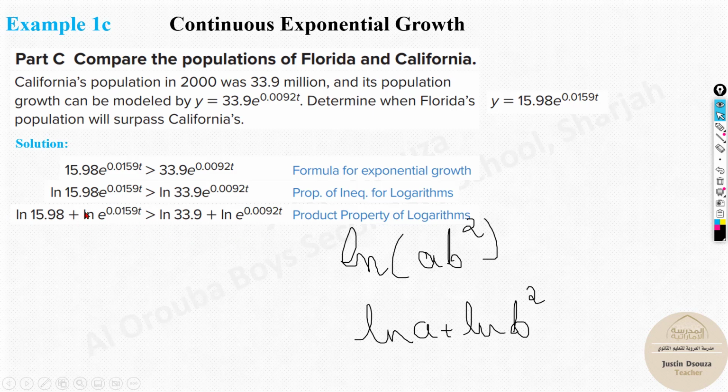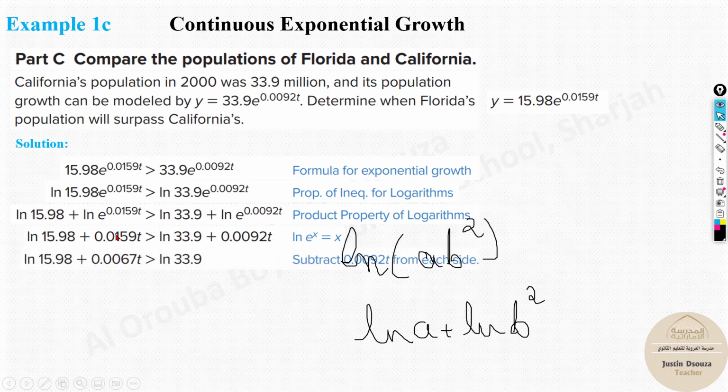T and t. But here this cancels out and this comes down. So you're remaining with 0.0159t down, and this also comes down here, 0.0092t. And now take all the numbers to the one side and take the t's to the one side. Since 0.0159 is bigger, leave it over here, take the smaller variable to the other side.